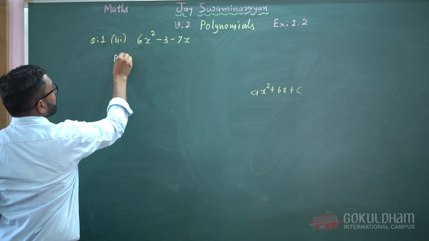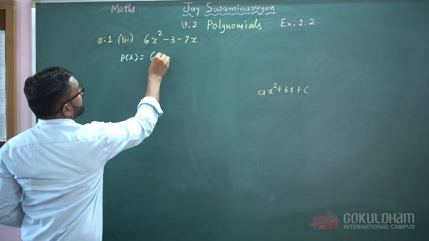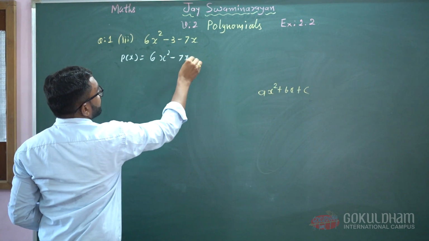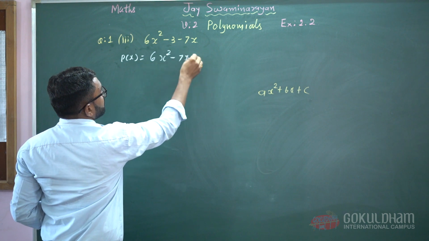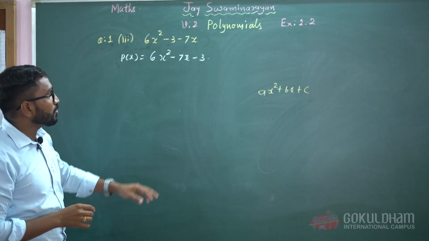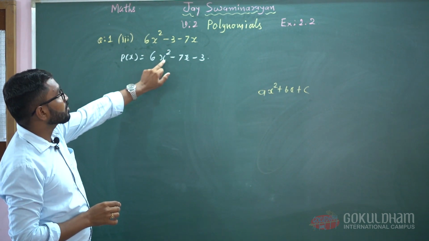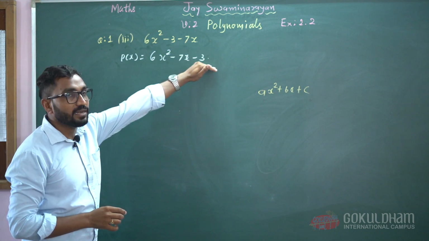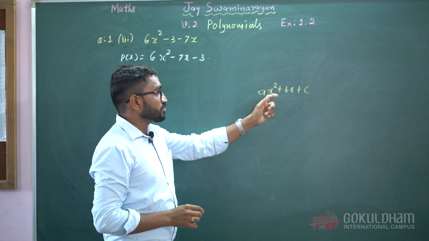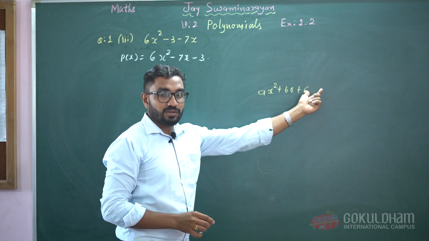So p of x equal to 6x square minus 7x minus 3 according to degree. The power of x is 2, then x, and then the constant term.